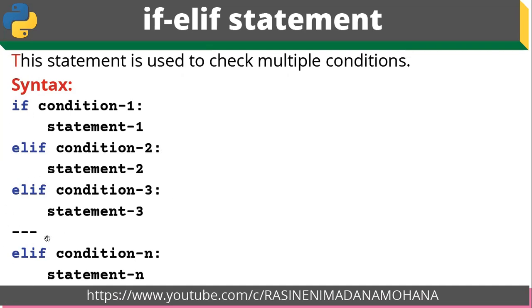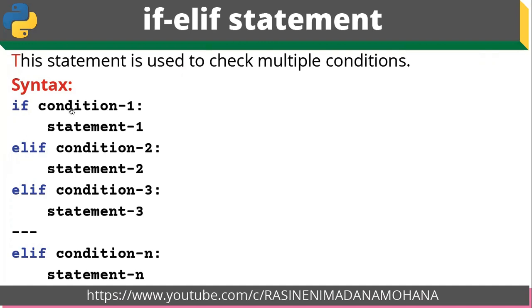Any number of conditions you want, you can use here using the if-elif statement, and so on, elif condition n colon statement n. Now we will see when condition 1 is executed, when condition 2 is executed, and when condition n is executed. Let us see the explanation about this syntax.